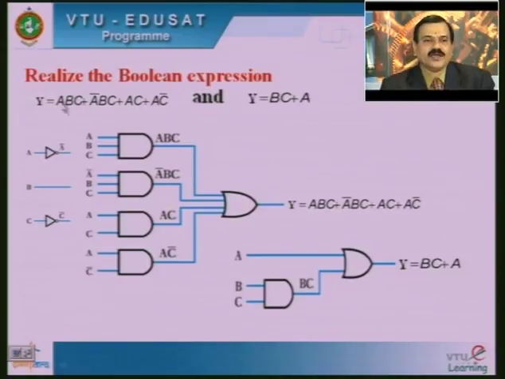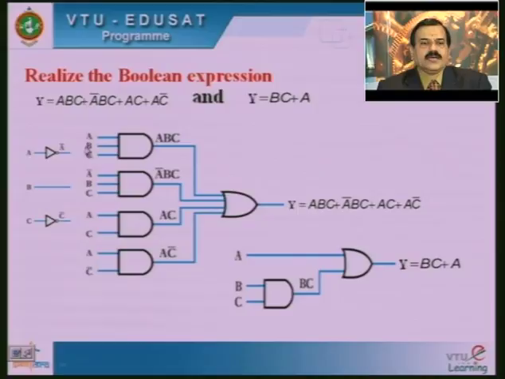Therefore, for each product term we develop an independent circuit, one for each execution. After realizing all the individual terms, because of the addition sign we are seeing here, the OR operation is conducted. Here a 4 input OR gate is used.